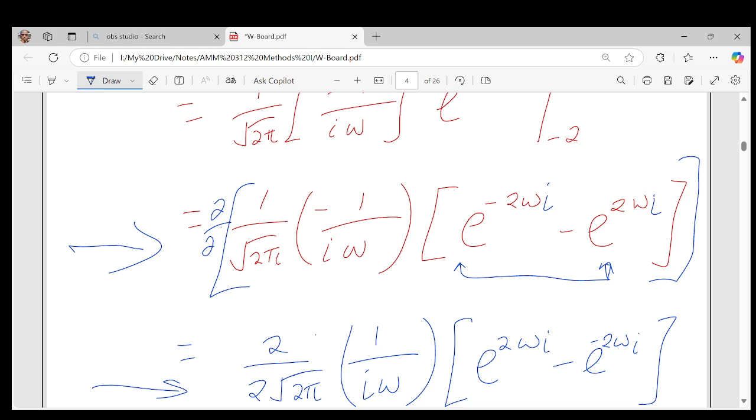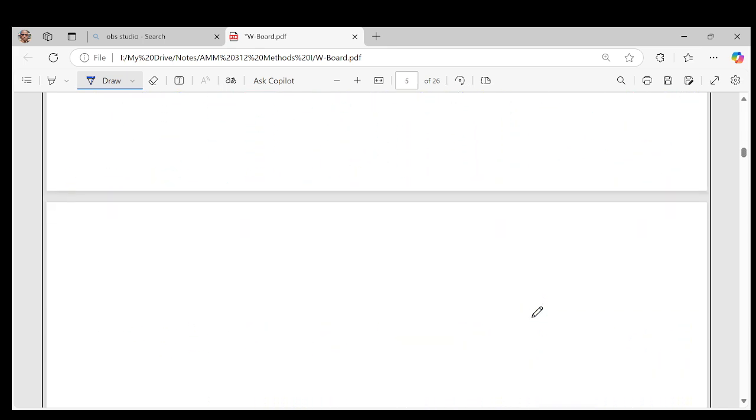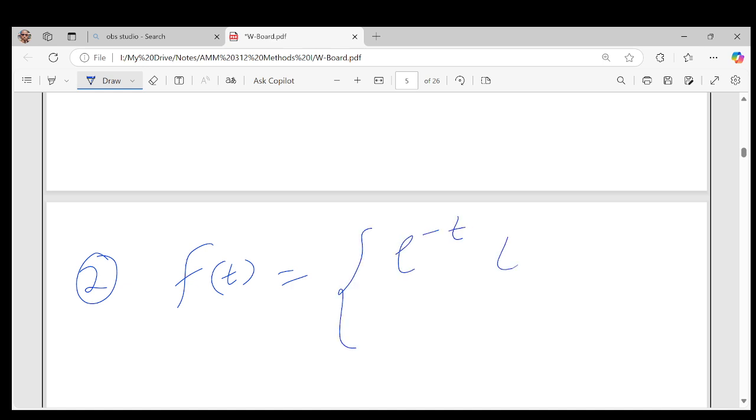So we can do a second example. Suppose we have a function f of t defined as e raised to power negative t for t positive and 0 when t is negative.